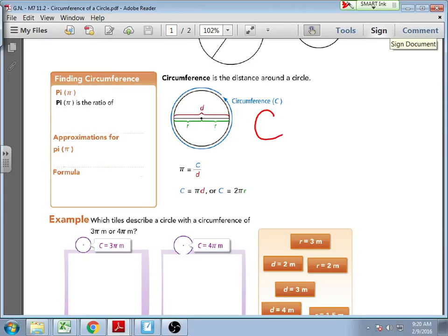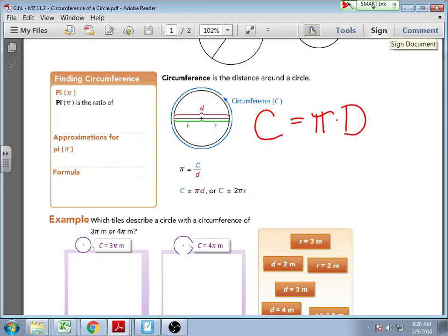Think of, when I say C, think of crust. Crust is just pi dough. Like the dough for a pie, that's your crust. Crust is pi dough. You should never be able to forget how to find your circumference, because circumference is just pi times diameter, or crust is pi dough.